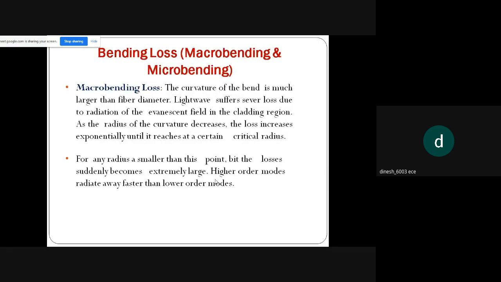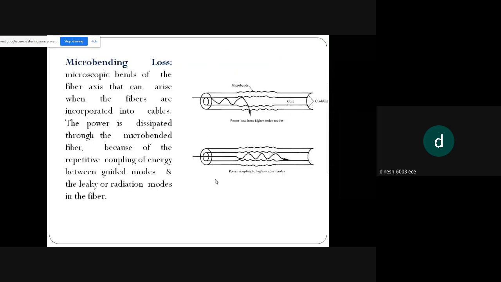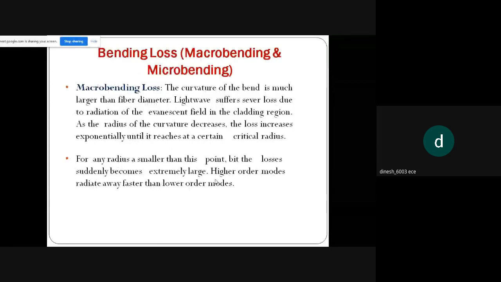So next is an important concept called bending losses. They are classified into two different types. One is macro bending, second one micro bending. So what is this macro bending and what is this micro bending? The optical fiber is cylindrical in nature, which travels a long distance, as is known to all.